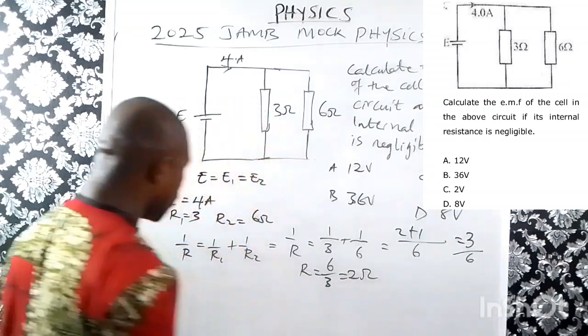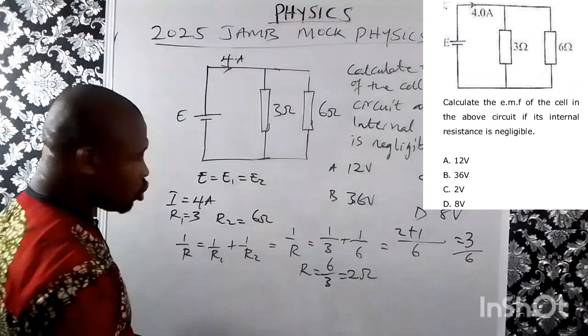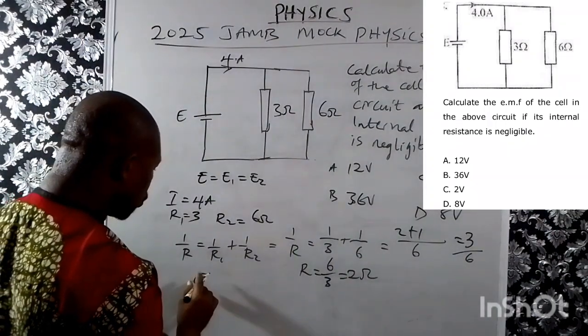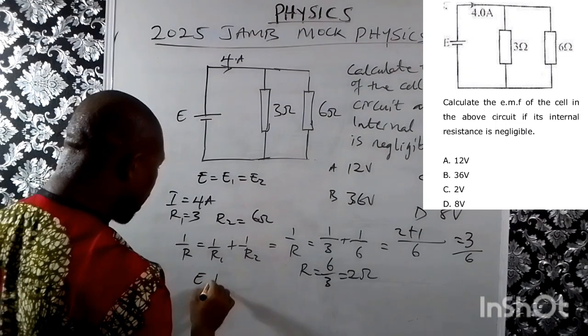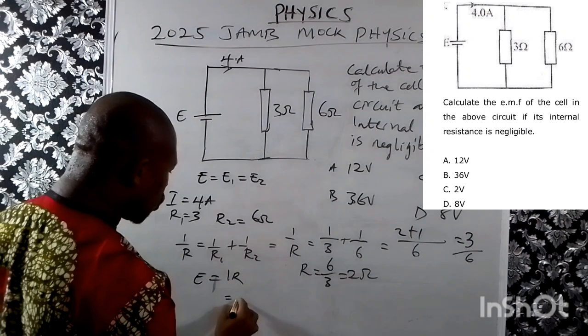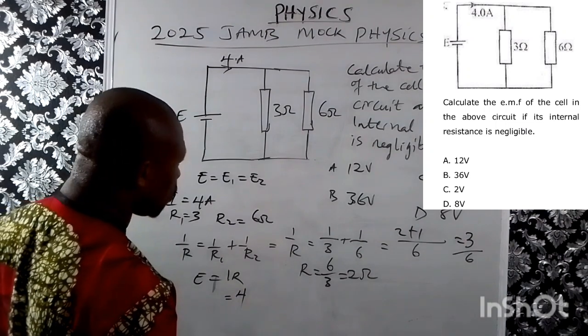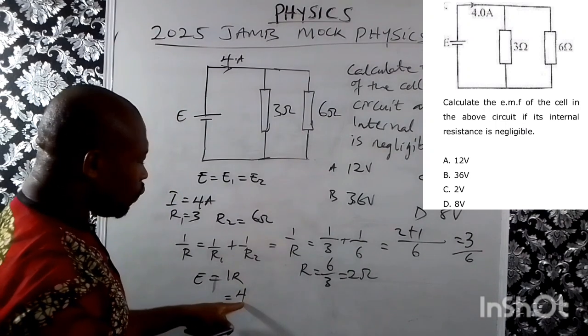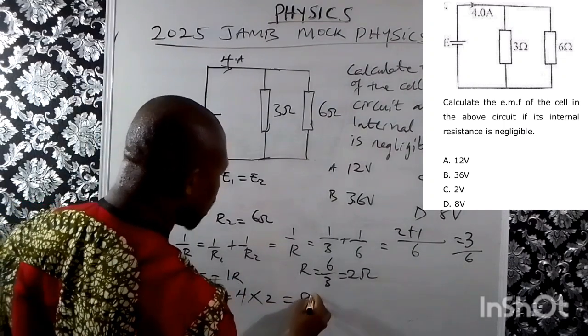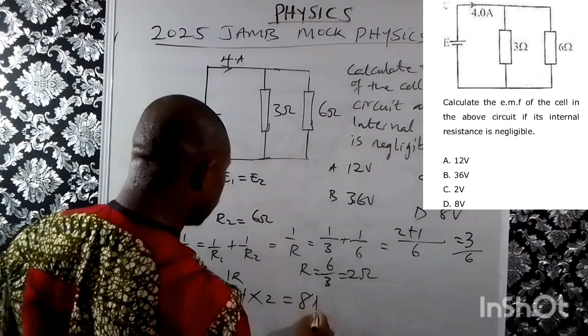Therefore, having gotten R to be 2 ohms, we now have that E is equal to IR. V is equal to IR. Which will now give us current is this. Current is 4 times R, which will give us 8 volts.